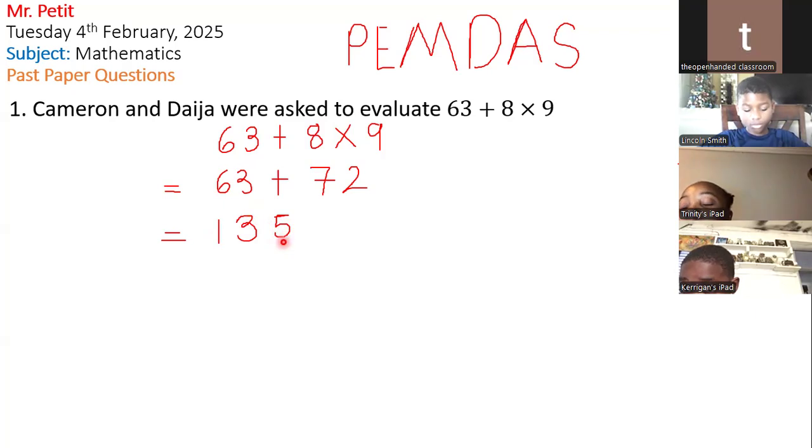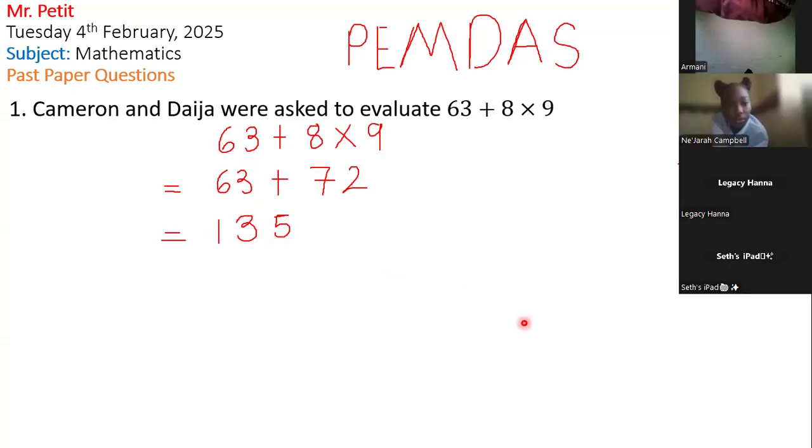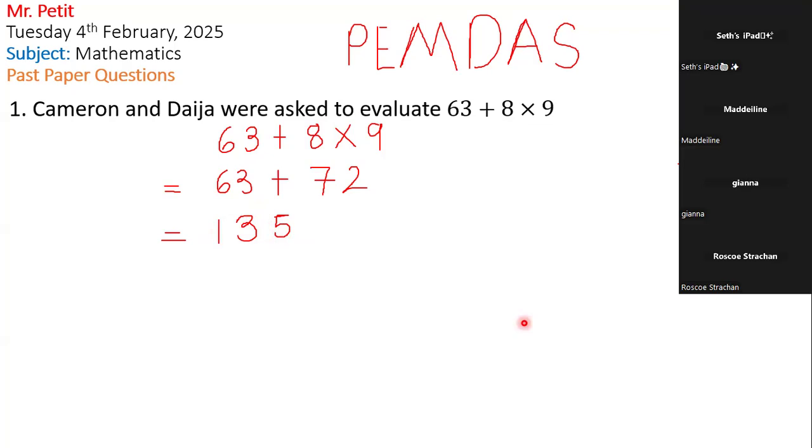Good. Najara, explain how we got 135. Since we have to go in order, the first is multiply. So we multiplied 8 times 9, and our answer is 72. Then we added 63 plus 72, and that gives us 135. Very good.